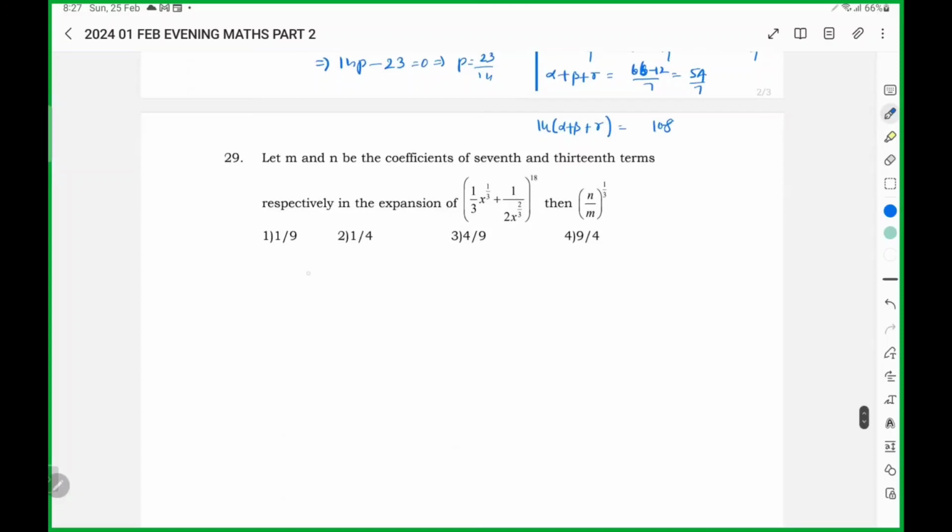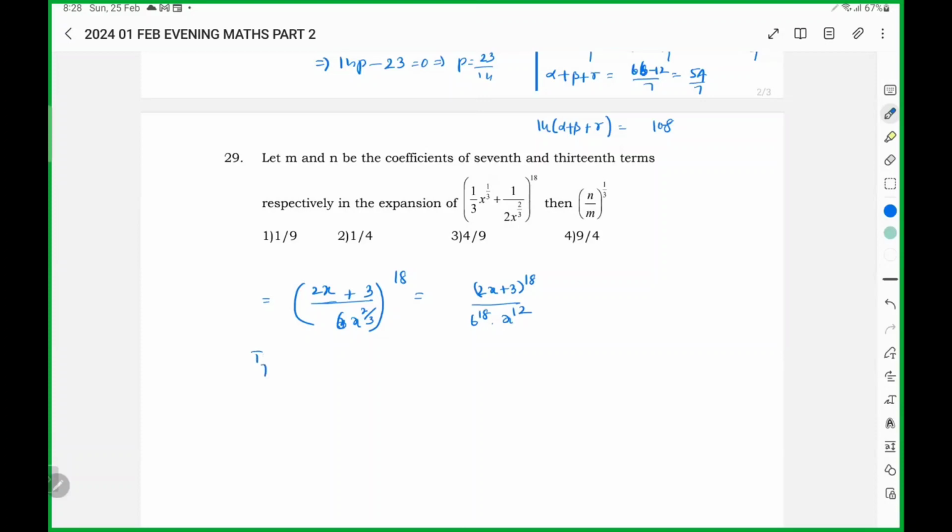Here the coefficient of the seventh term, after simplification, is 2 by 3x plus 1, power 18: 6 power 18, x power 12.